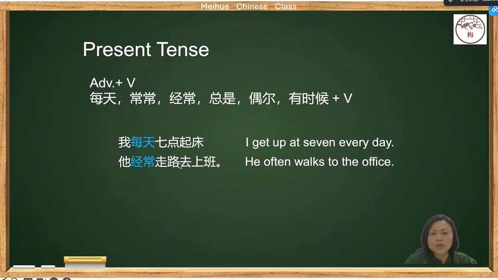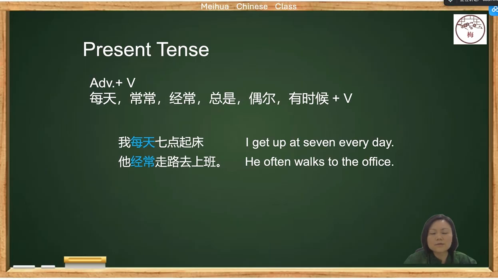Even though we don't have this adverb 经常, which means often, we can still tell it's a present tense. 他走路去上班. He walks to work.